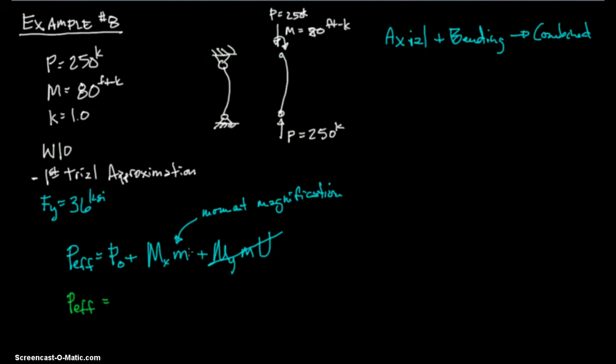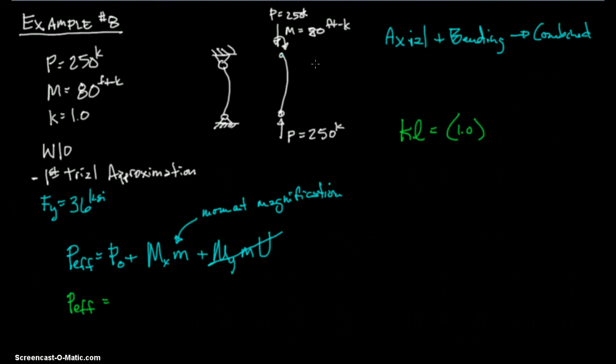In this, you also can use tables to approximate this M, and that's on page 3-10, table B, values of M. And then they said that we want to use W10, so you go to the left side, you can see W10, and you also know your KL, and it says in foot. So our KL equals 1.0 times our L. What was our L?